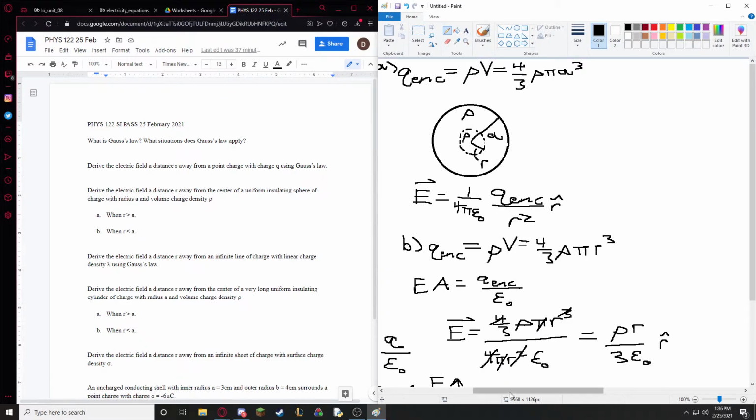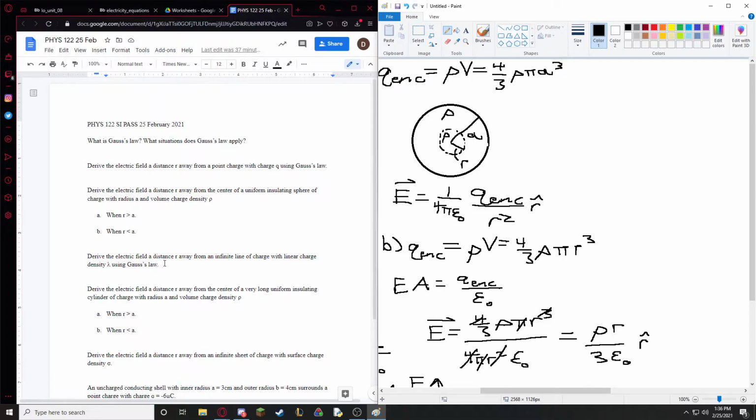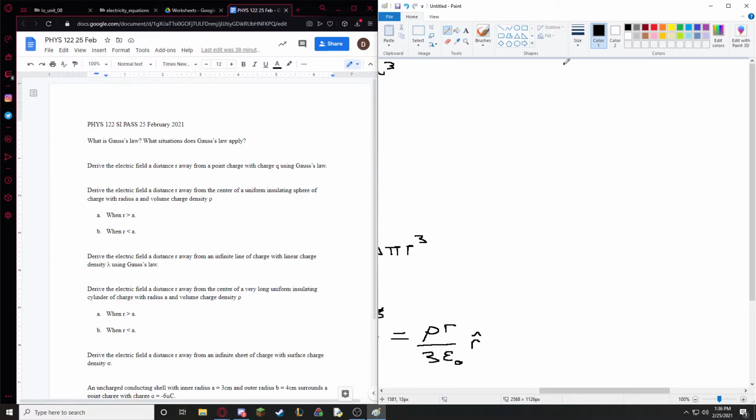We want to derive the electric field a distance r away from an infinite line of charge. So we have our infinite line of charge, let's say this line goes on forever in both directions. We want to derive the electric field, say right here, distance r away.